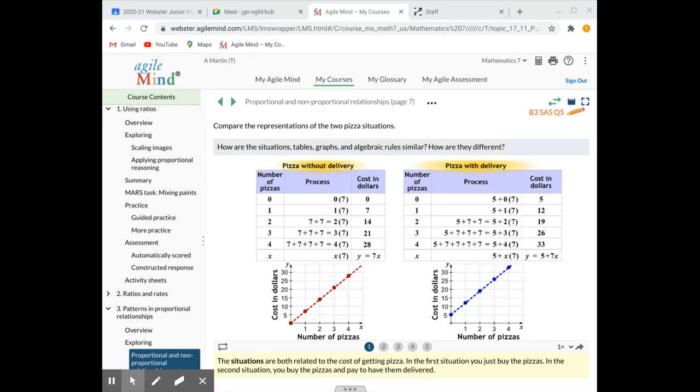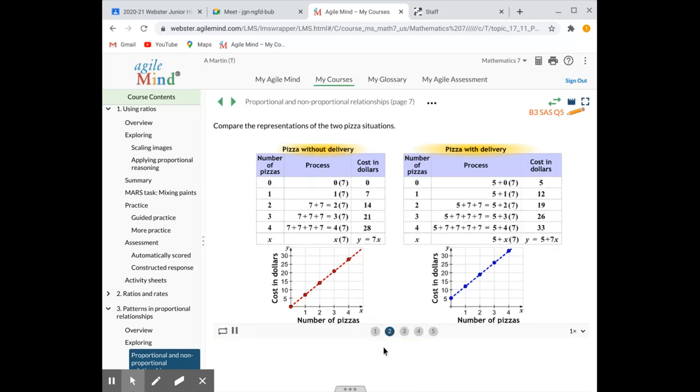The one in the yellow. The situations are both related to the cost of getting pizza. In the first situation, you just buy the pizzas. In the second situation, you buy the pizzas and pay to have them delivered. Thank you.